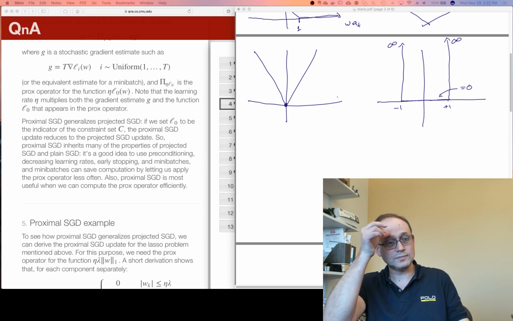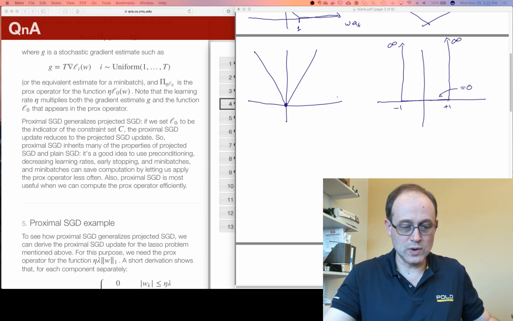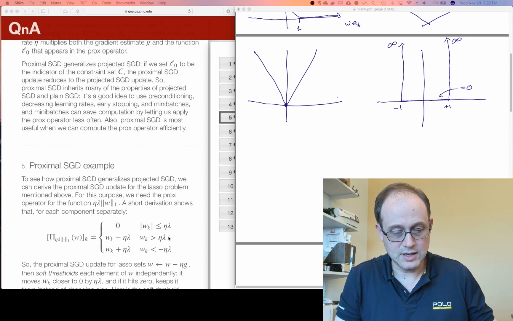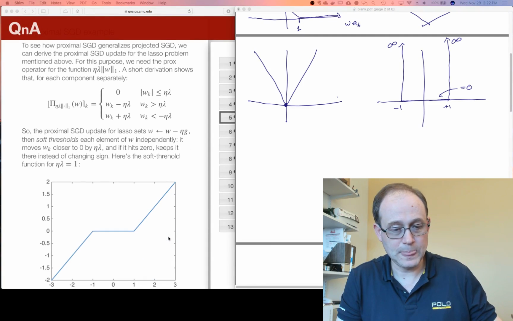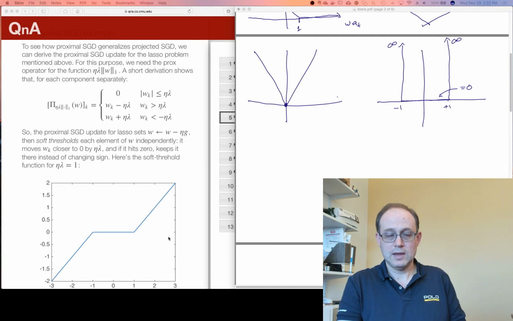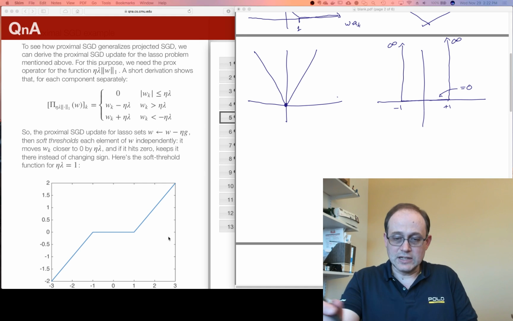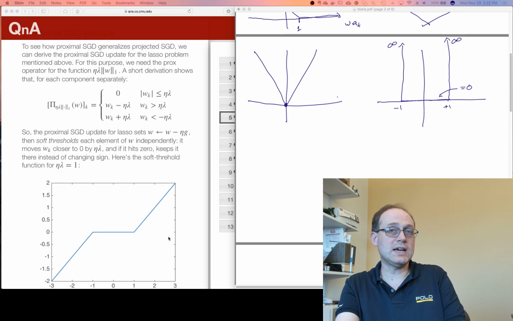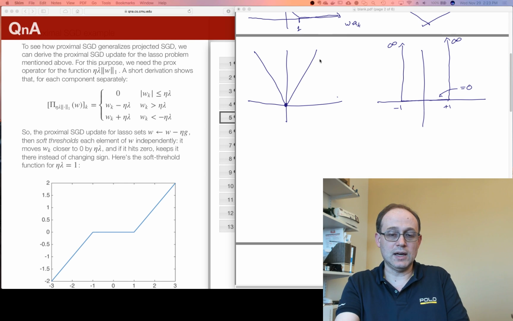Right, so back to proximal SGD. Let's do an example. The example is going to be lasso. In lasso, it's a linear regression problem. So we're going to minimize squared error, the sum over all training examples of (y minus w dot x) squared. But then we'll penalize a multiple of the one norm of w.